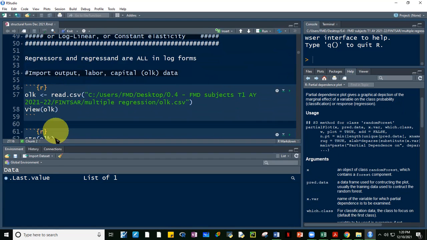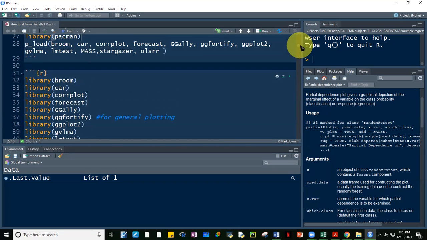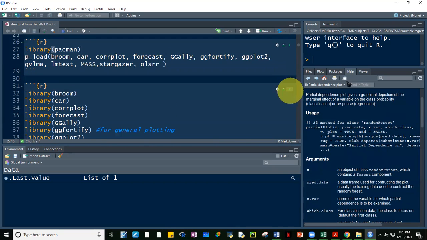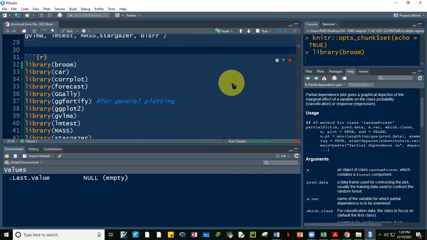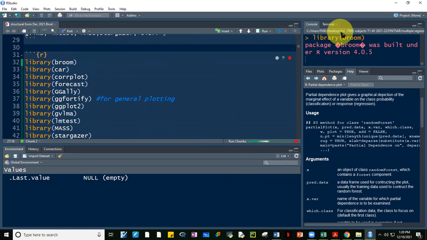You can already import this OLK dataset. Let me just load the packages.